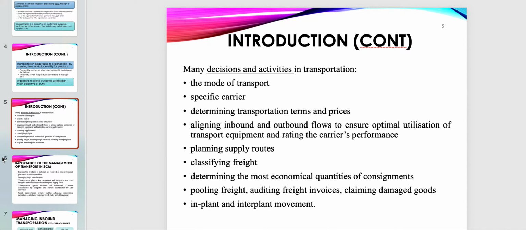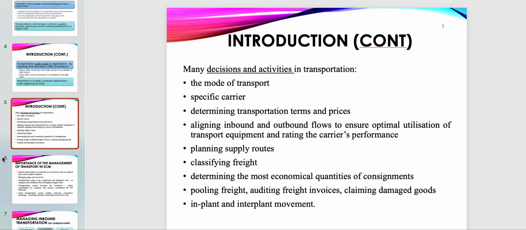Then, when we're talking about inbound transportation, there are many decisions that need to be made when managing inbound and outbound transportation. These could include your mode of transport and the carrier that needs to be used. It needs to determine transportation terms and prices. It needs to align both inbound and outbound flows to ensure optimum utilization of equipment relating to transport.